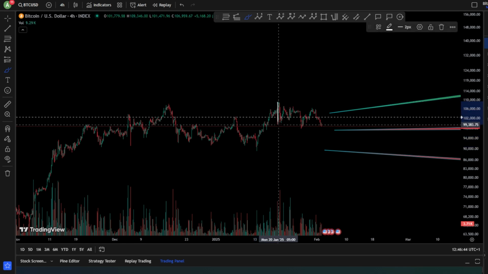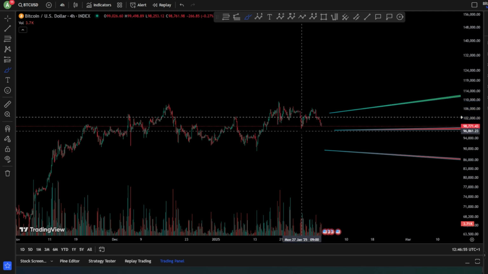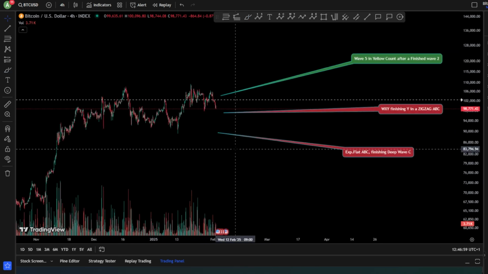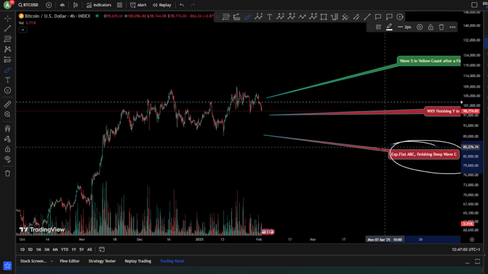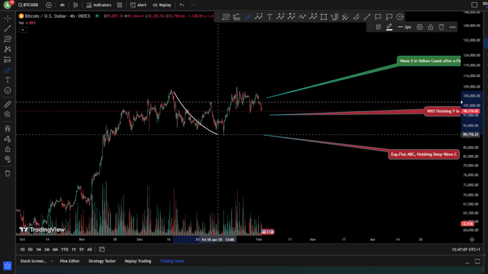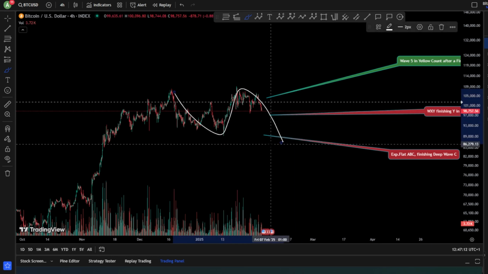You have a W here, and then your X is a triangle, and your Y is a kind of a zigzag or a regular flat here, finishing this wave Y. And in this case scenario, in a flat, it can be the expanding flat, having an A, B, and a C, where you want to dive much deeper for Bitcoin.